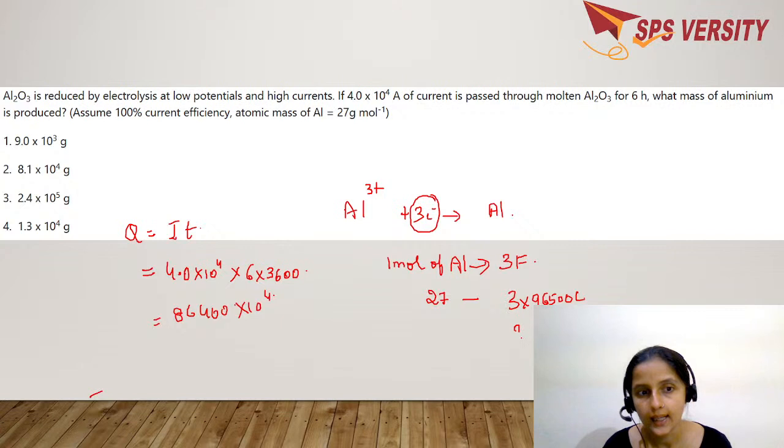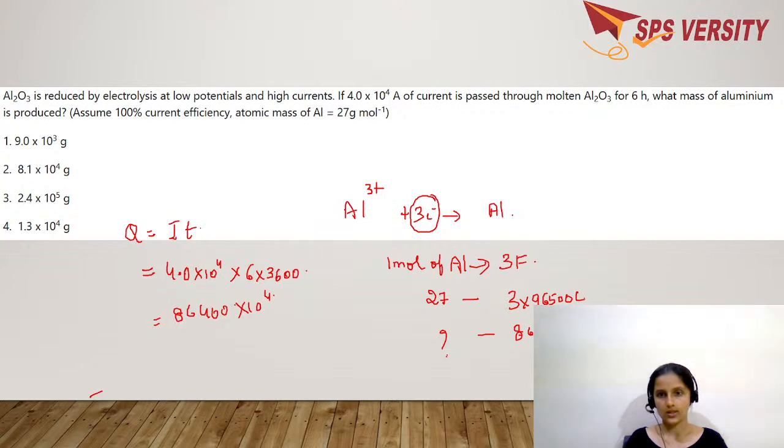This gives how much mass? It's 86,400 into 10,000 into 27 divided by 3 divided by 96,500. Okay, let me give the answer.